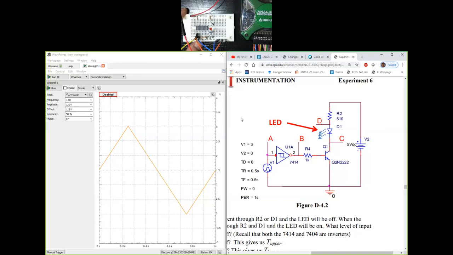We are going to soon start looking at the waveform output.